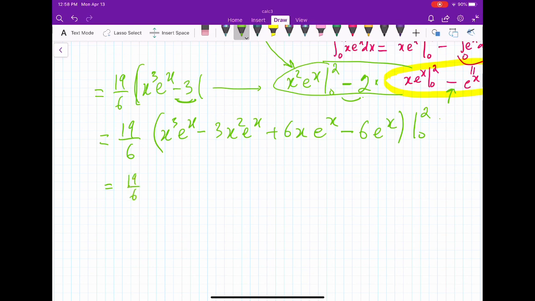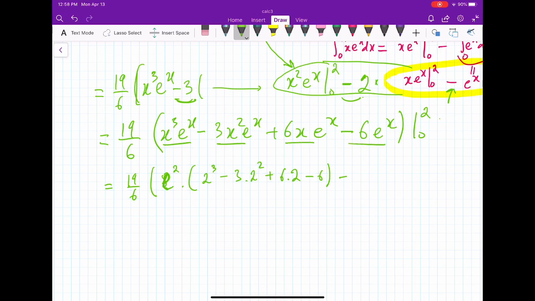So you get 19/6. At 2, let's say, I have e squared, right? And the inside I might have 2 cubed minus 3 times 2 squared plus 6 times 2 minus 6, because I already take e squared out, minus: at 0 this term is 0, this term is 0, this term is 0.